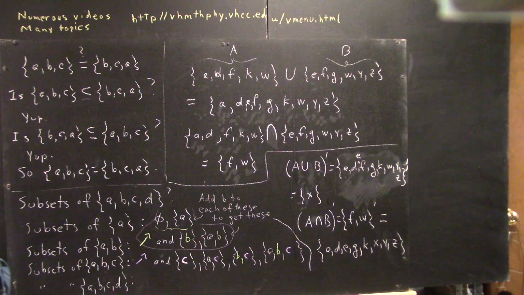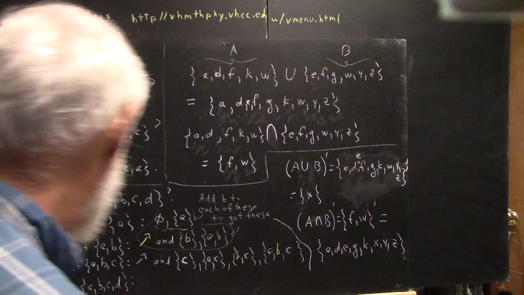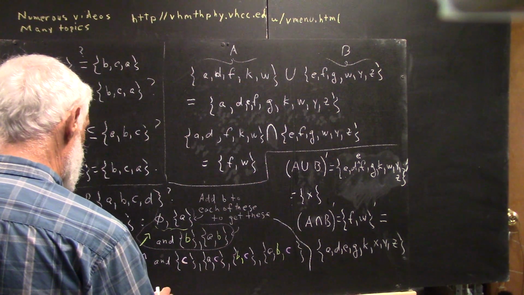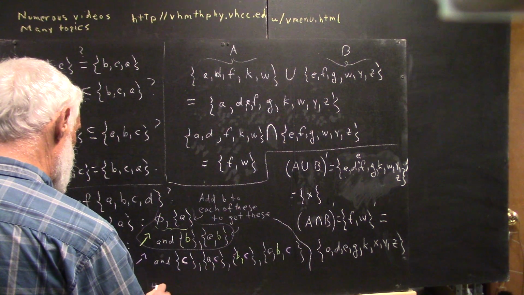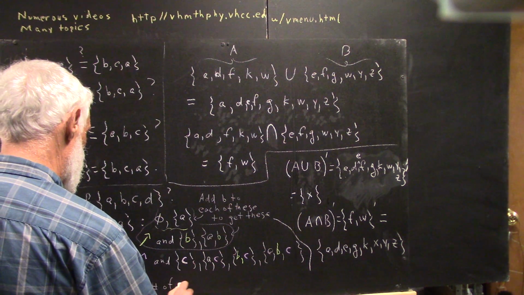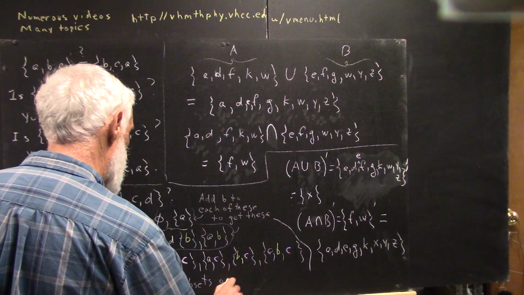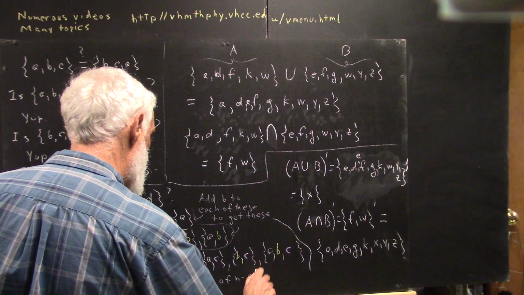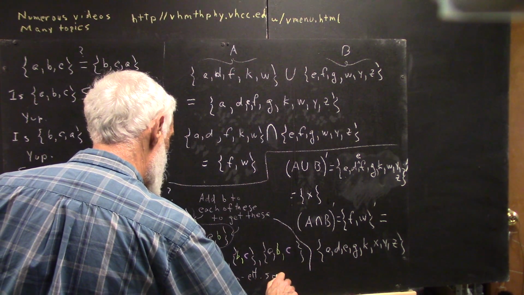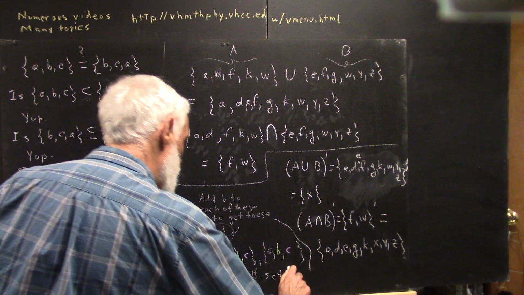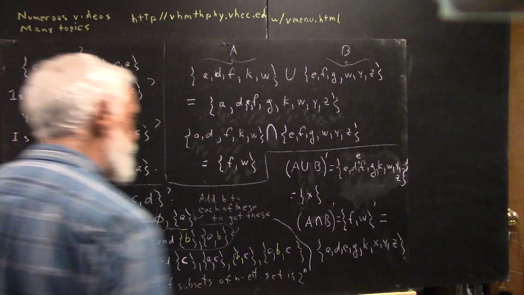This also tells you why it is that the number of subsets of an n-element set is 2 to the n.